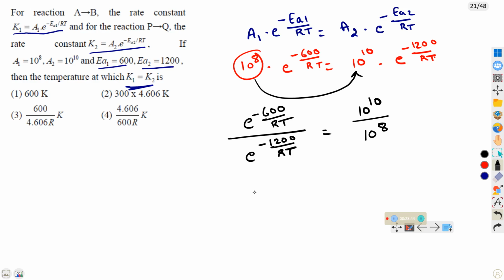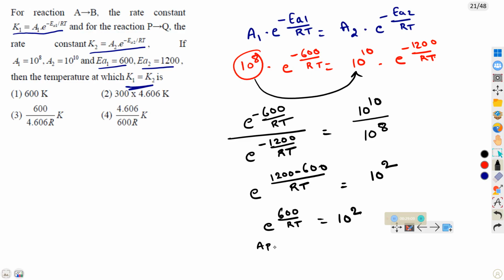Simplify now. e power 1200 minus 600 by RT is equal to 10 square. e power 600 by RT is equal to 10 square. Apply ln on both sides.